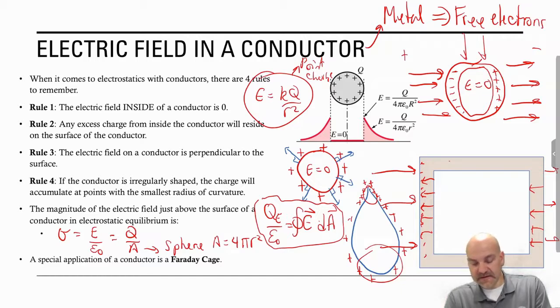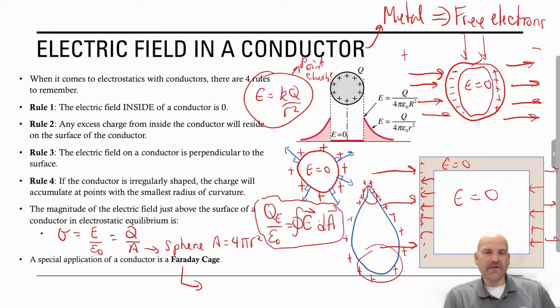In addition to canceling inside the conductor, it's actually going to cancel it in that void as well. So that's Faraday cages. This is the reason why they say stay in your car in a lightning storm, because the car acts as a Faraday cage.